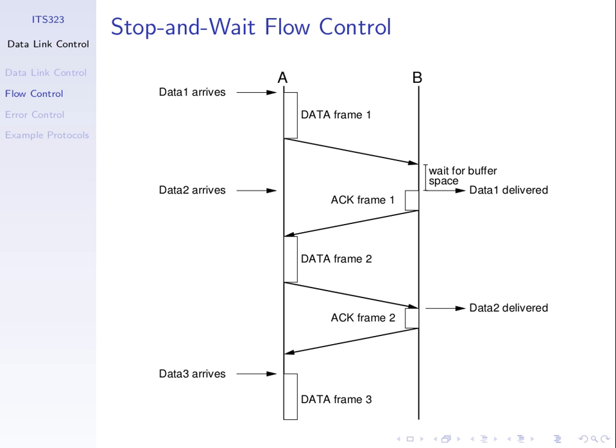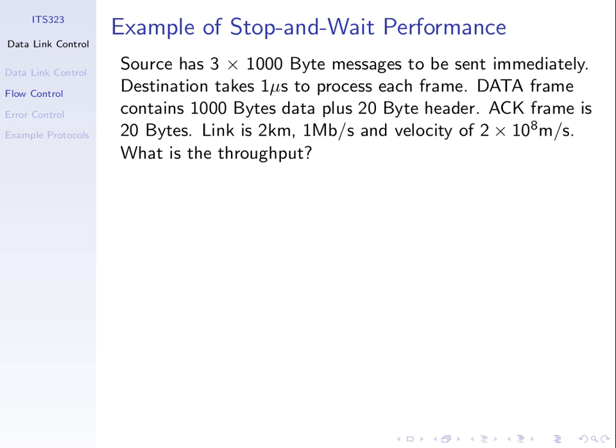Propagation delay is the time it takes to propagate the signal from A to B, which is really this time. Your diagram doesn't have to be to scale. Mine will not be to scale, but you can at least keep track of the time.